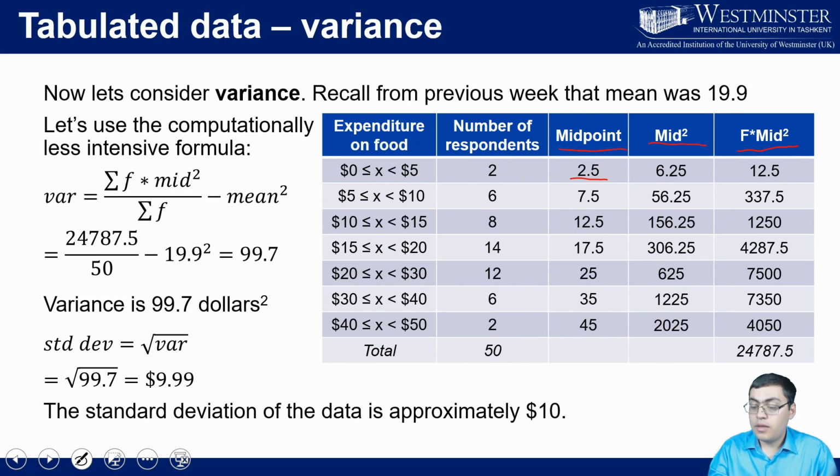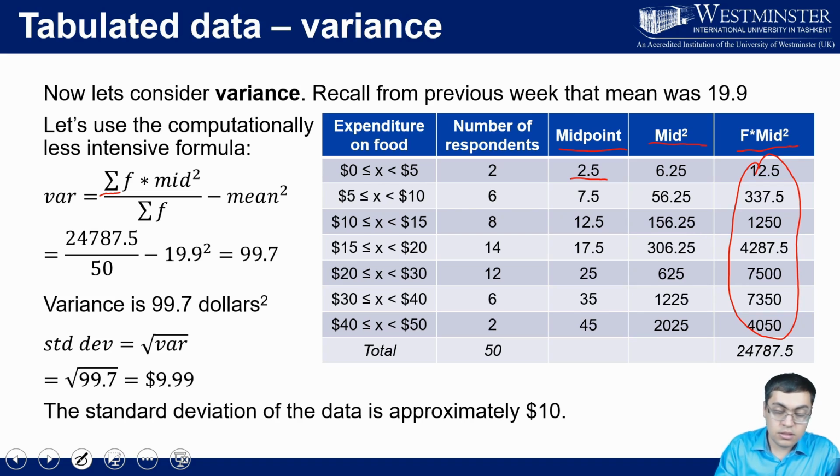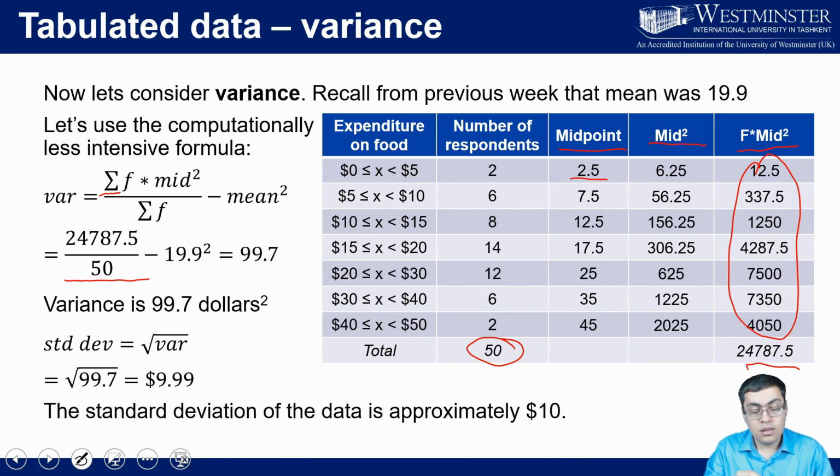Finally, I will add all of these numbers up, which is basically what this sigma symbol is signifying. As a result, I will get this number over here divided by the total number of observations. That's going to be 50. So this is what I have here, minus the mean squared. So in this instance, the variance is 99.7.